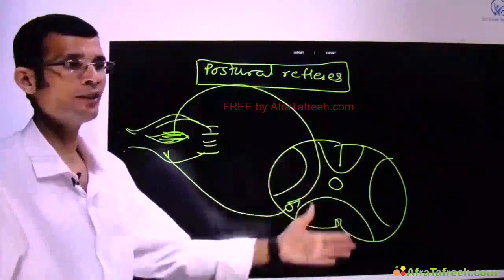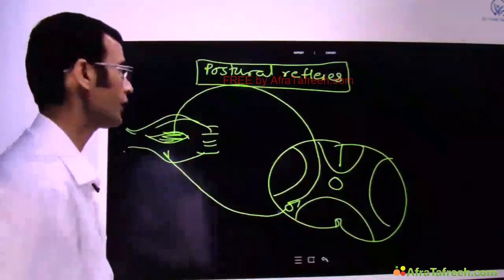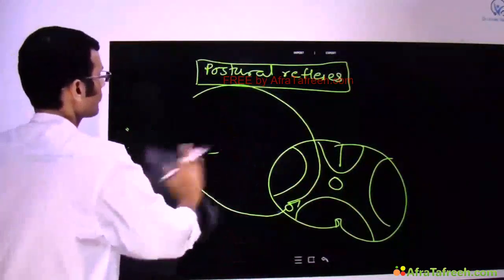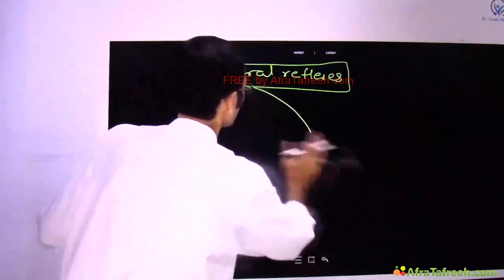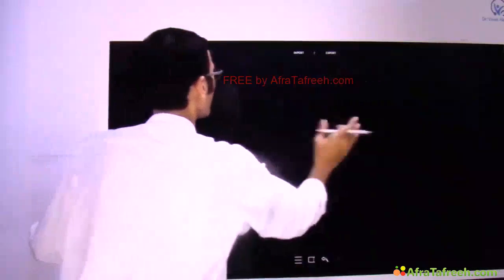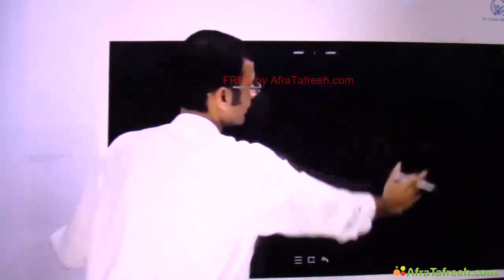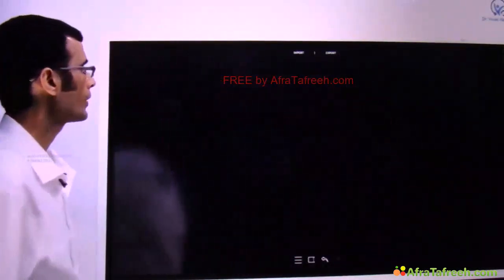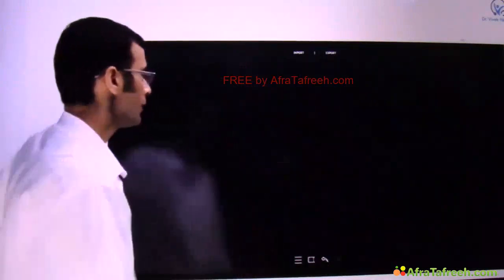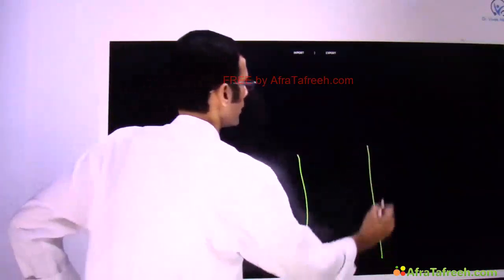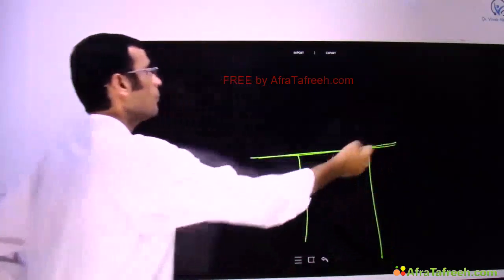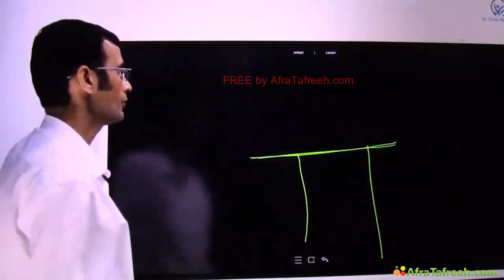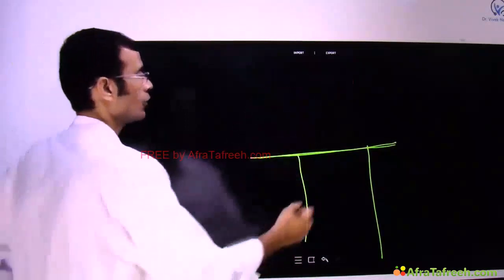The muscle gets stretched and it responds by a brief contraction. Now, to study the postural reflexes, we prepare some experimental animal preparations. For example, we take a transection at the upper border of the spinal cord, the uppermost level of the spinal cord.